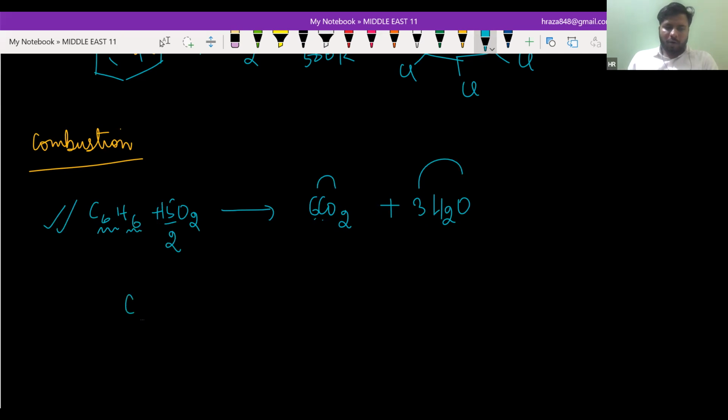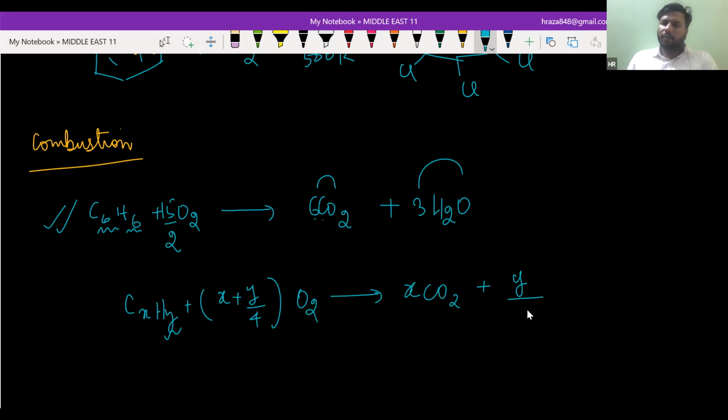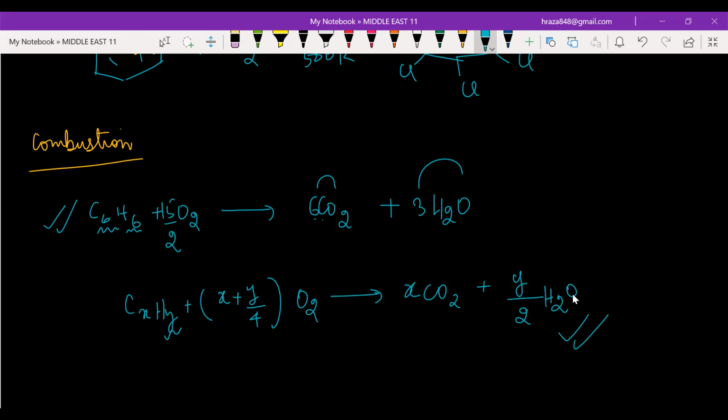In order to balance it, we have a general formula CxHy. Then the number of moles of oxygen will be x plus y divided by 4 O2, and here it will be x CO2, and here it will be y by 2 H2O. This is for benzene, an aromatic compound. Okay, just write it.